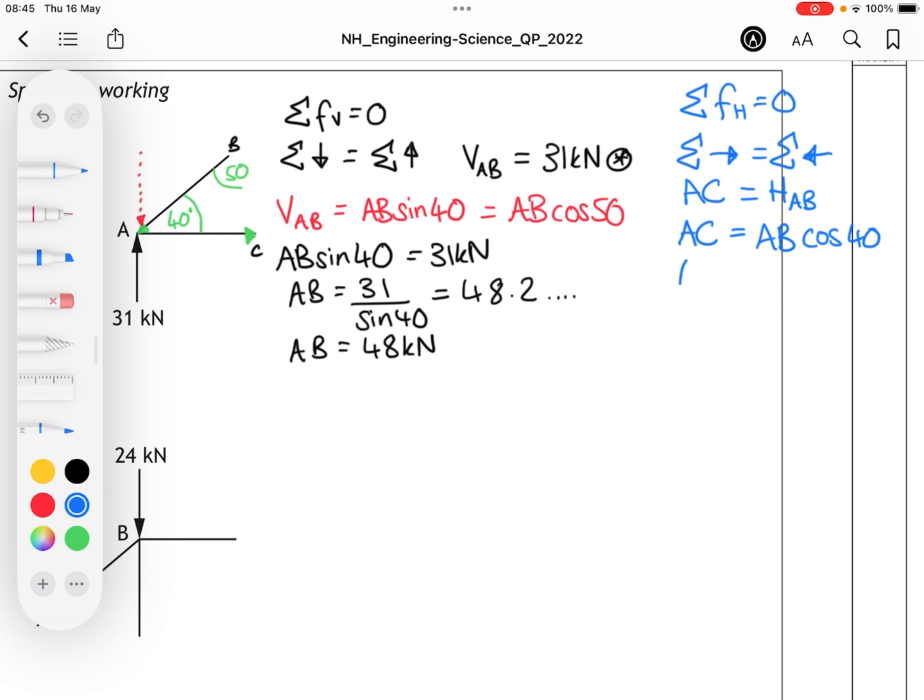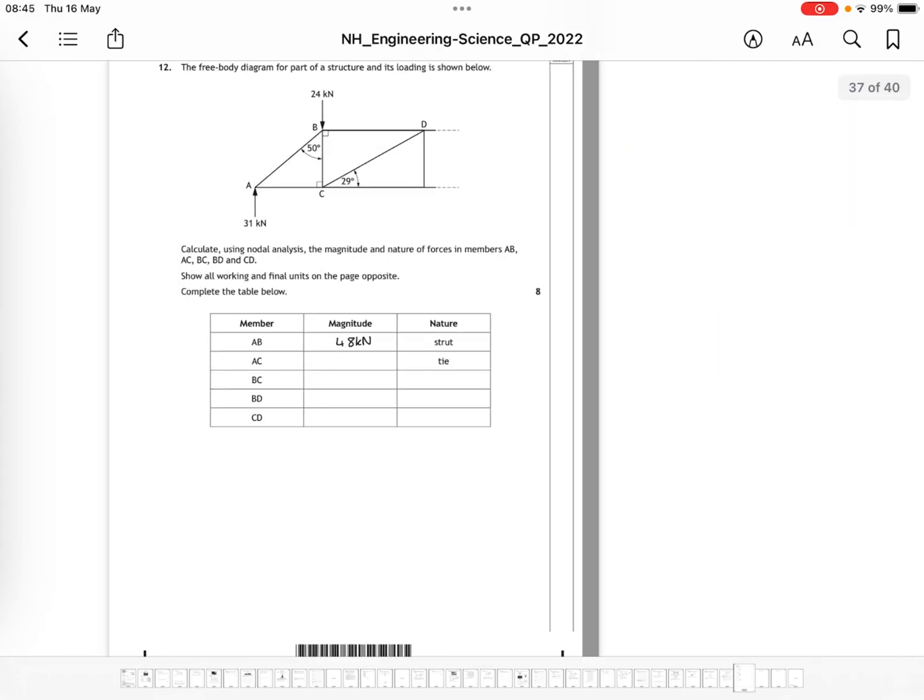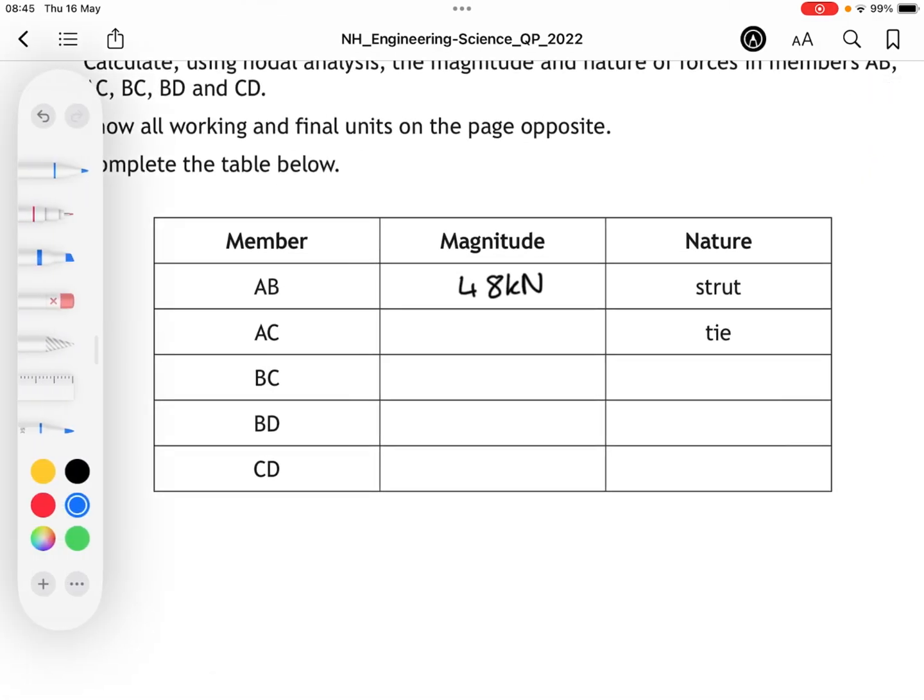We know AB now, so AC is equal to 48 cos 40, and that is going to tell me that AC is 36.77. So I need to round that up, so AC is 37 kilonewtons. So that's me having resolved vertically and horizontally to find the two unknowns that I didn't know. And again, I'm just going to scroll back and pop that into my table over here.